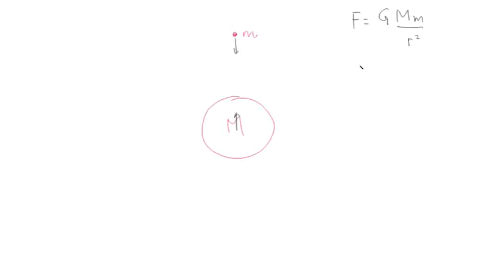And we've also been talking about gravitational field strength, little g, which is the force per unit mass, which is equal to, therefore, big G times the mass of the big mass divided by the square of the radius.